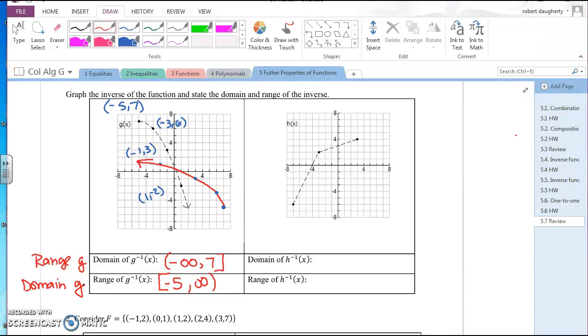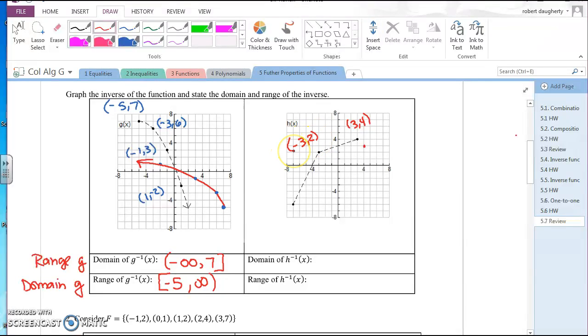Now let's look at the next one. To graph this inverse, you basically pick points and then find the inverse of those points. So this is the point 3, 4. So I need to go find the point 4, 3, which is right here. Over here, I have the point negative 3, 2.